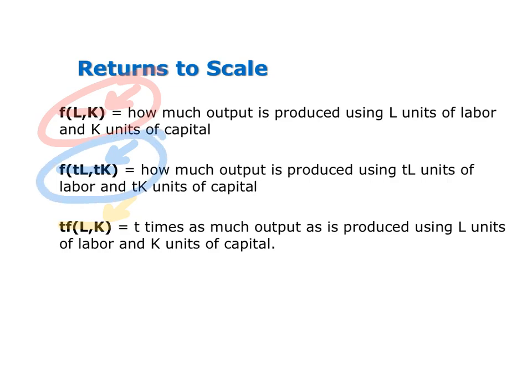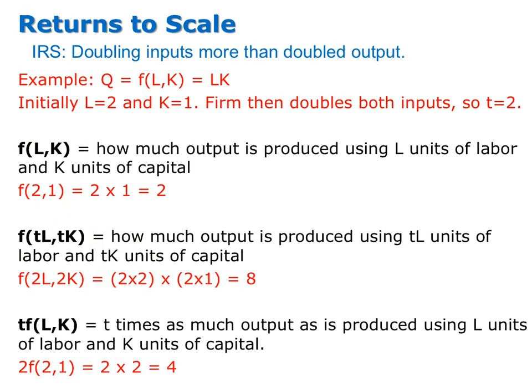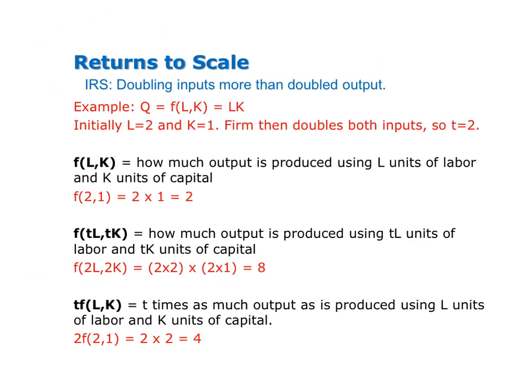This is how much is produced when both inputs are scaled up by factor T. So for example, if T is 2, this is how much is produced when both inputs are doubled. And then this is what we're going to compare output after scaling inputs to. So this is T times the original amount of output. All right, look, I know that's confusing, so let me go to the next slide.